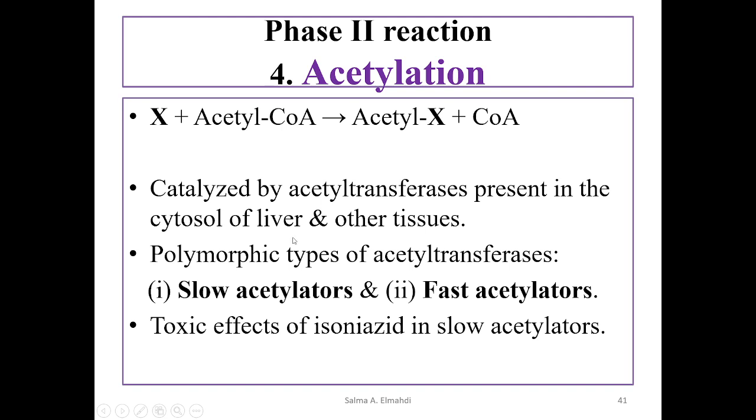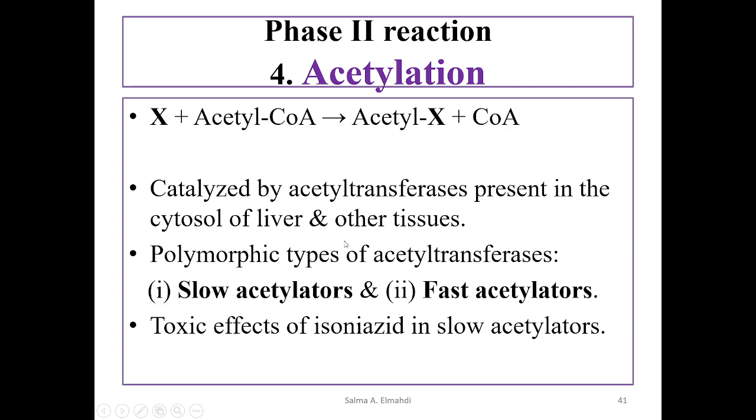In slow acetylators, the substrate will tend to accumulate, while fast acetylators will acetylate the substance faster, making it more polar, and it will be excreted easily. So there is no accumulation.